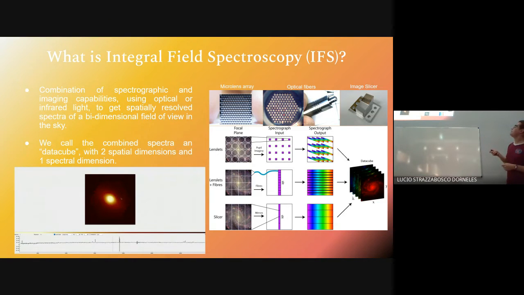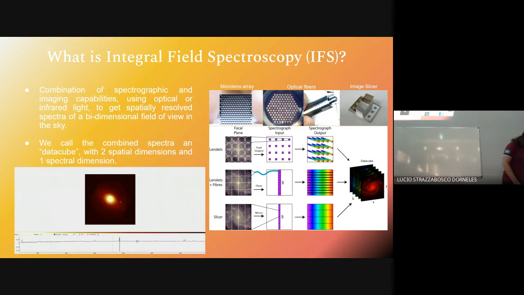And we also have the slicer. Here is the image slicer. It is a series of mirrors that are tilted, so each image that comes from the sky is sent in a different direction to an input of the spectrograph. So we have the spectra of each slice of the galaxy.